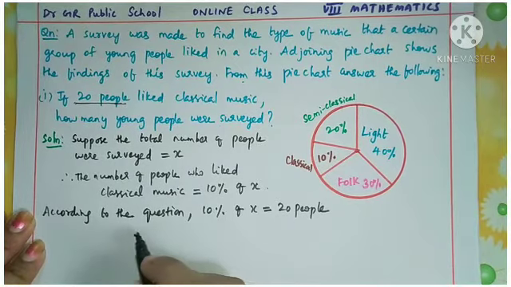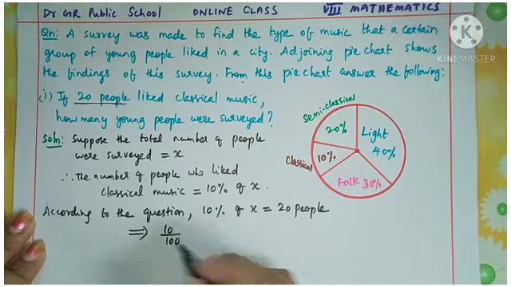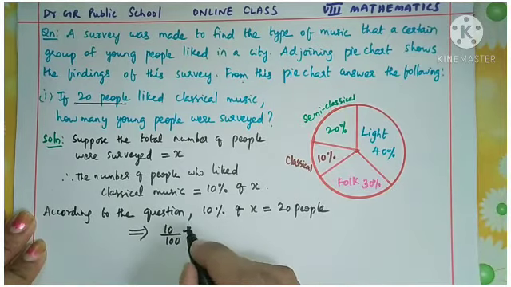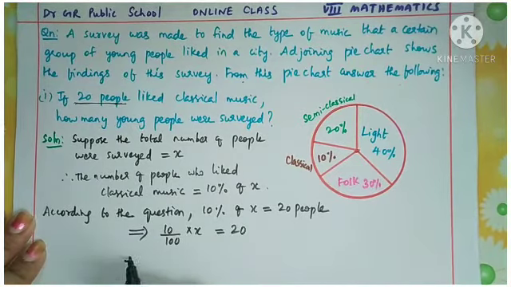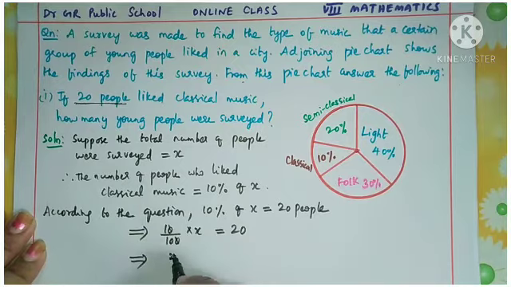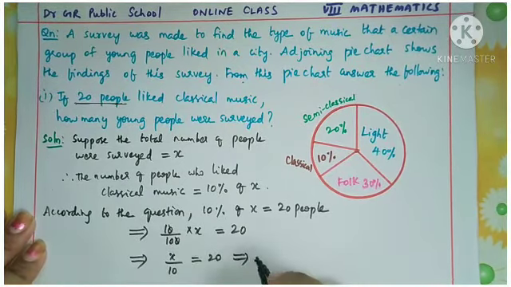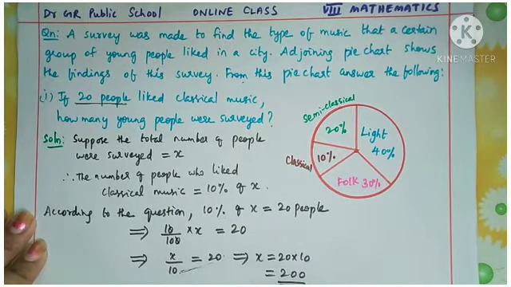Now we are going to do the calculation. 10% means 10 by 100 of x, that is multiplied by x, equal to 20. Now you can cancel the zeros, so x by 10 equals 20. That implies x is equal to, cross multiply, 20 into 10, that is 200.